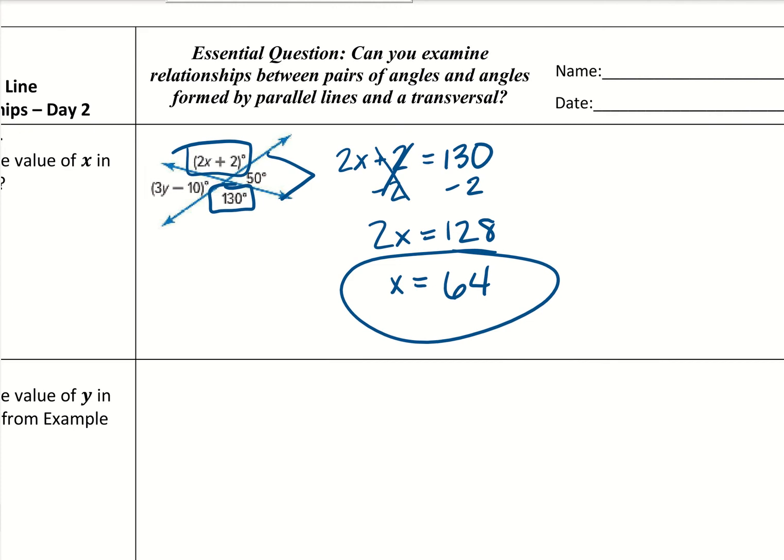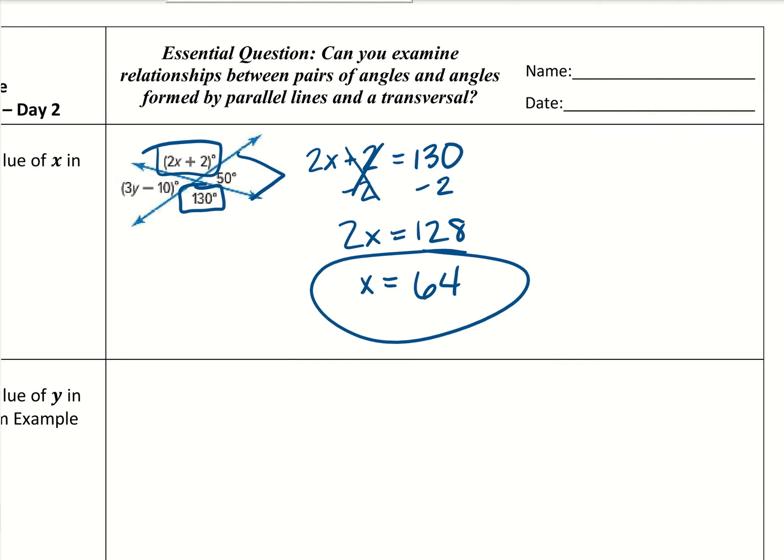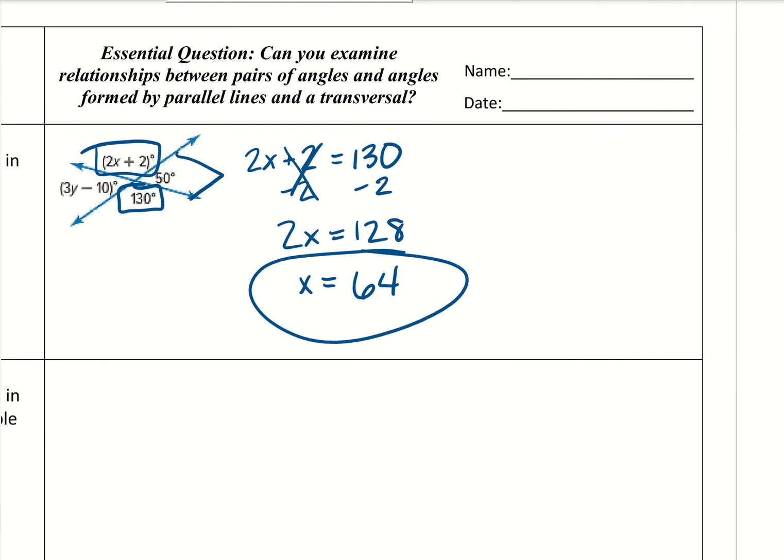Now, if you didn't do that, you could also do these two as being supplementary. So we would have 2x plus 2 plus 50 equals 180. From there, we just have 2x plus 52 equals 180.